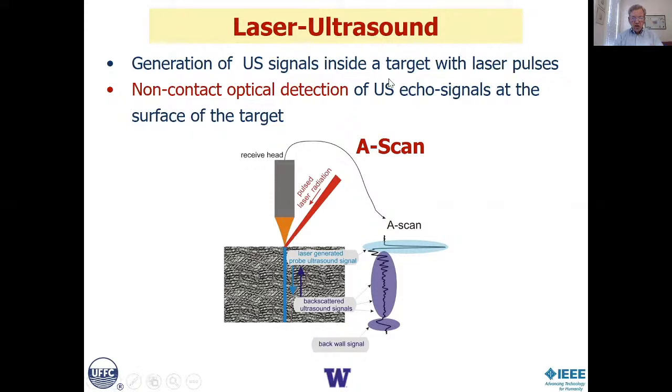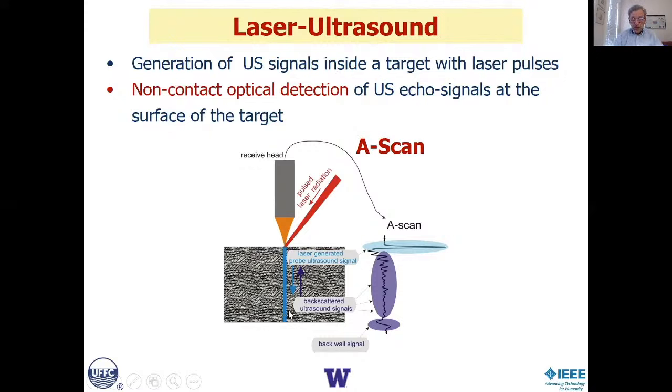So in a traditional laser ultrasound system you will bring in a pulse laser, just like we talked about in photoacoustics. However, now that laser is tuned to a wavelength that for the object of interest, all of the energy is absorbed at the surface. So that efficiently launches an acoustic wave into the material.